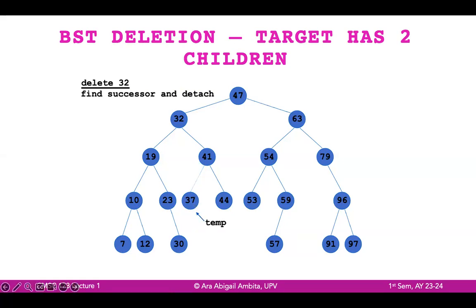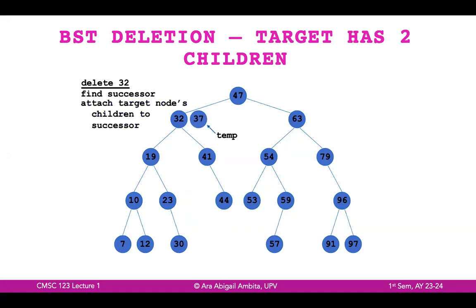And then what we can do now is we set this as temp, and then we detach it from the tree. And then what we are going to do is attach the target node's children to the successor. So the children of 32 are 19 and 41. So instead of being attached to 32, 19 and 41 would be attached to 37.